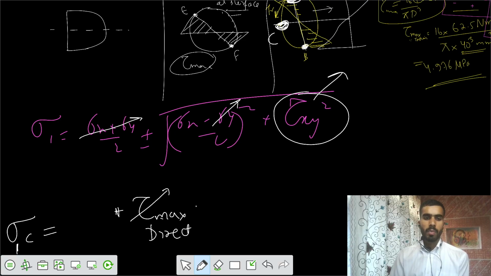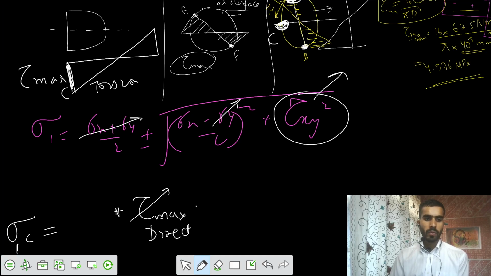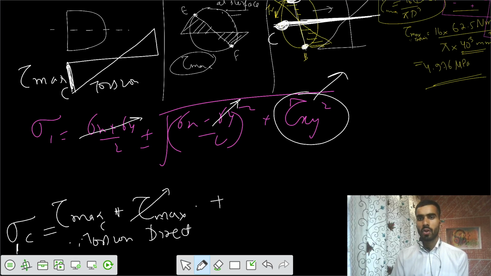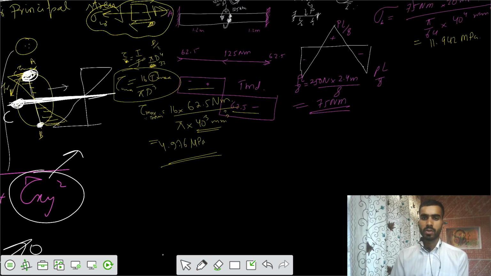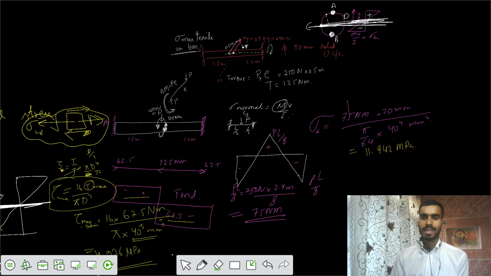And because of torsion, we also have some value of tau. So this is your tau max for point C. But point C is on the neutral axis, so the bending stress would be 0. Sigma B equals 0. Your bending stress at point C equals 0.